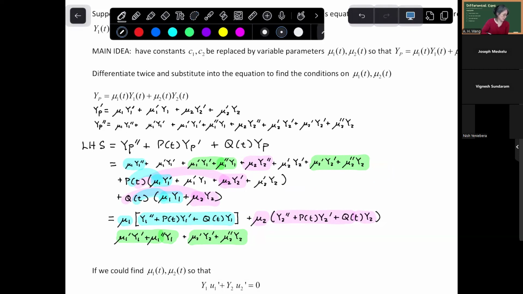So I'm going to copy down the P of t. So let's see, what we have is this and this, but remember you have P of t distributed to both of those, right? So I'm just going to write that down. P of t, and then you have mu1 prime y1, mu2 prime y2.